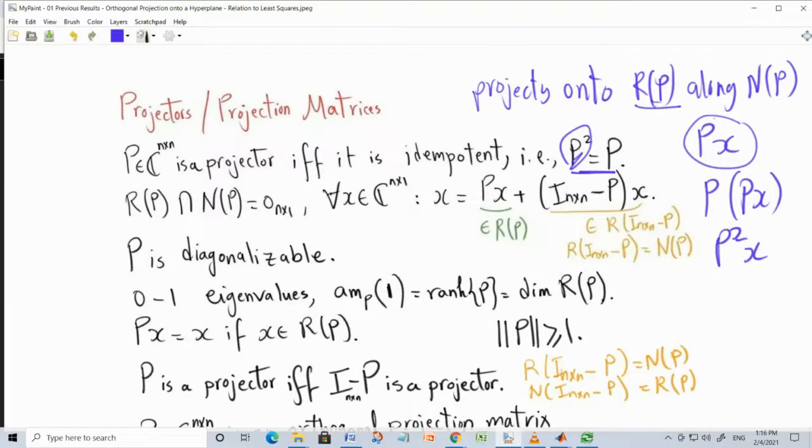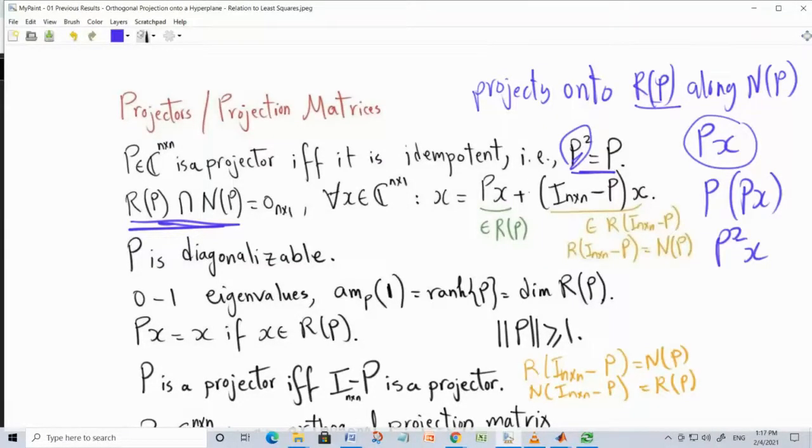Now, the range of P and the null space of P are not arbitrary, so they must satisfy the following. These are two subspaces, and their intersection should only be the all zero vector. So the intersection is trivial.